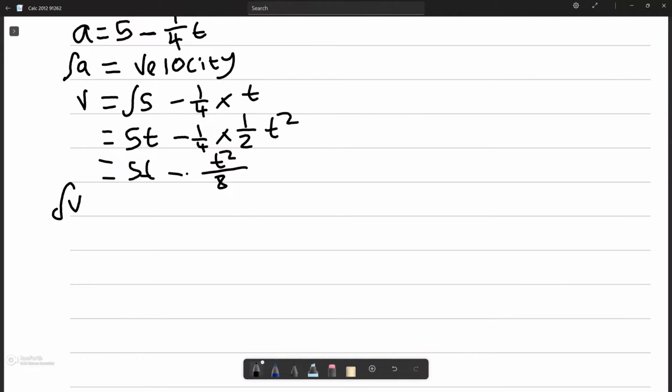And then if we find the integral of the v, then we'll get 5 times the integral of t minus 1 over 8 times the integral of t squared.